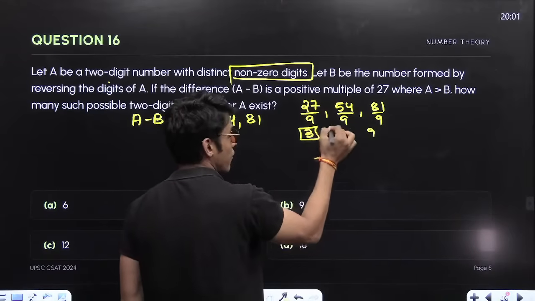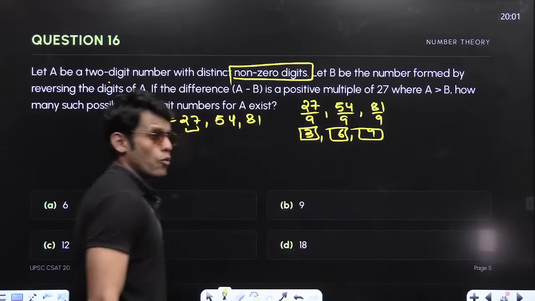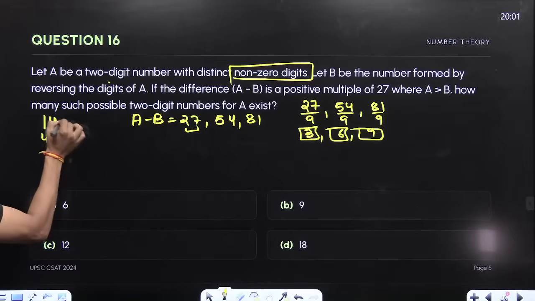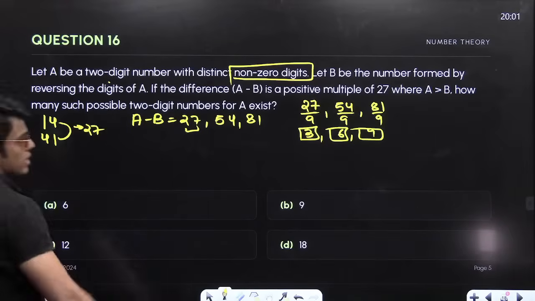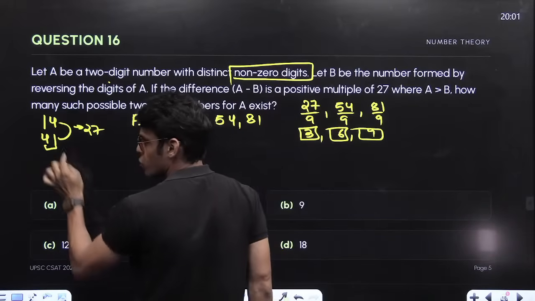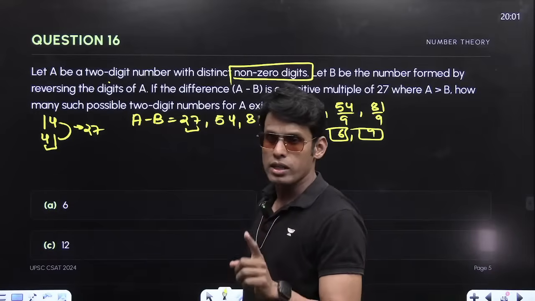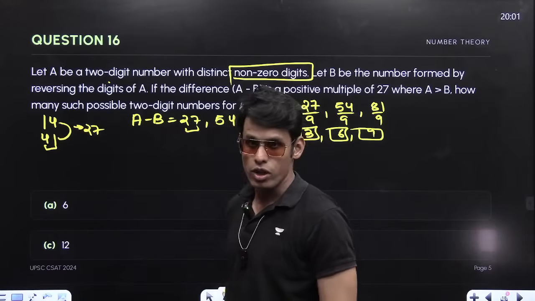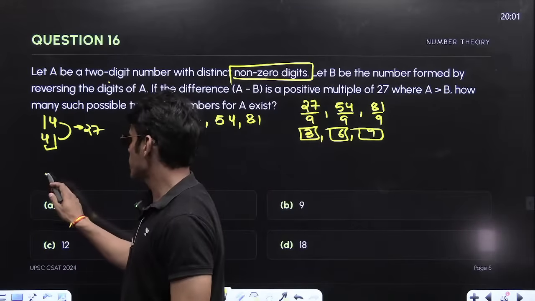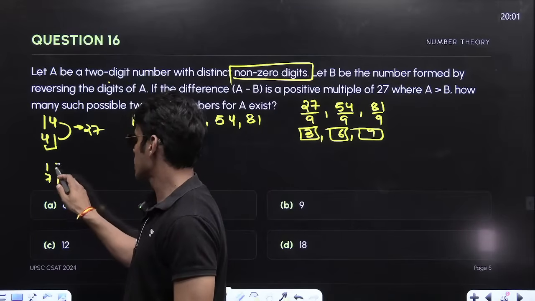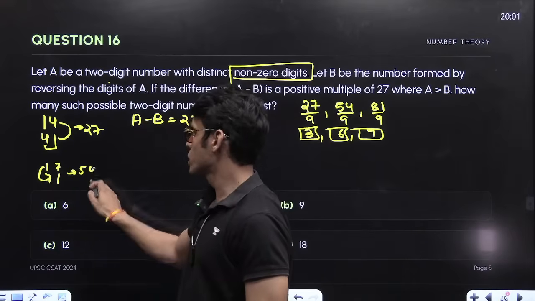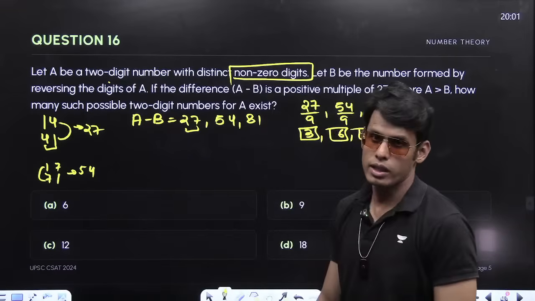This is the difference in digits. For example, if you have 14 as one number and 41 as the other, the subtraction is always 27, right? So if the difference between the two digits is 3, the difference between the number and its reverse is going to be 3 times 9. If the difference is 6, then 6 times 9 is 54. So this is what we have to think.